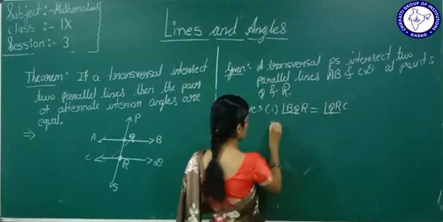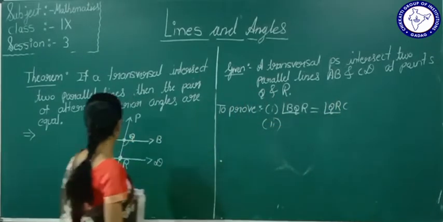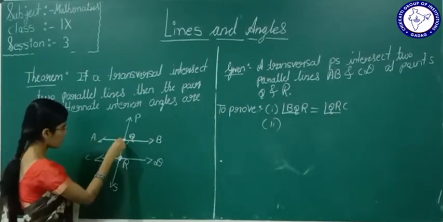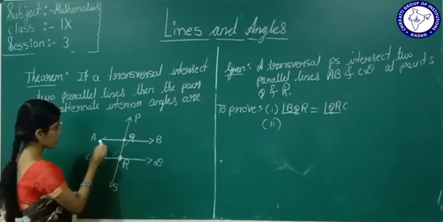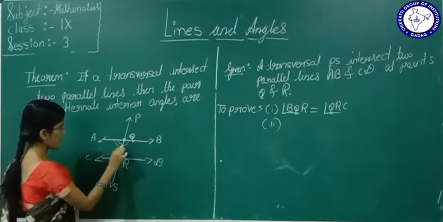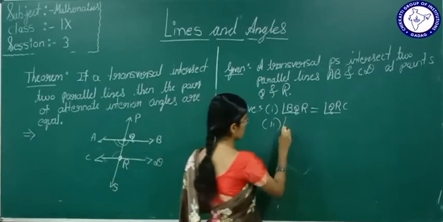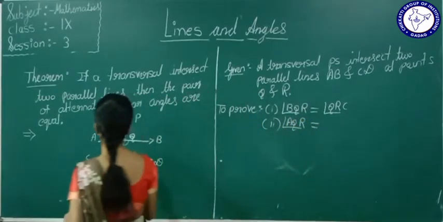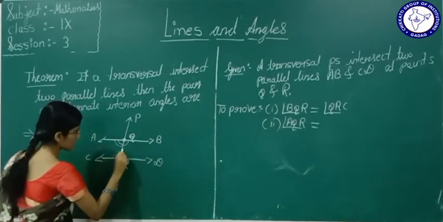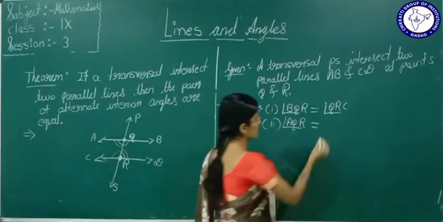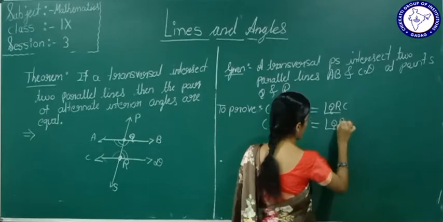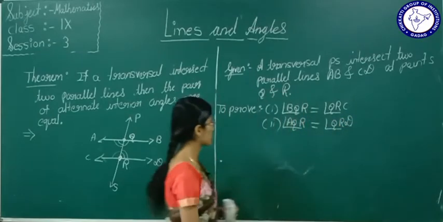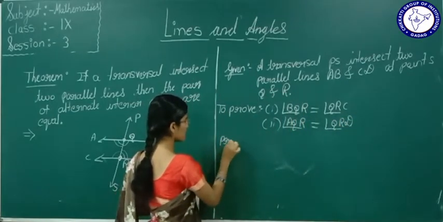And the second one, angle AQR is equal to angle QRD. This we have to prove here. Okay, see the proof.